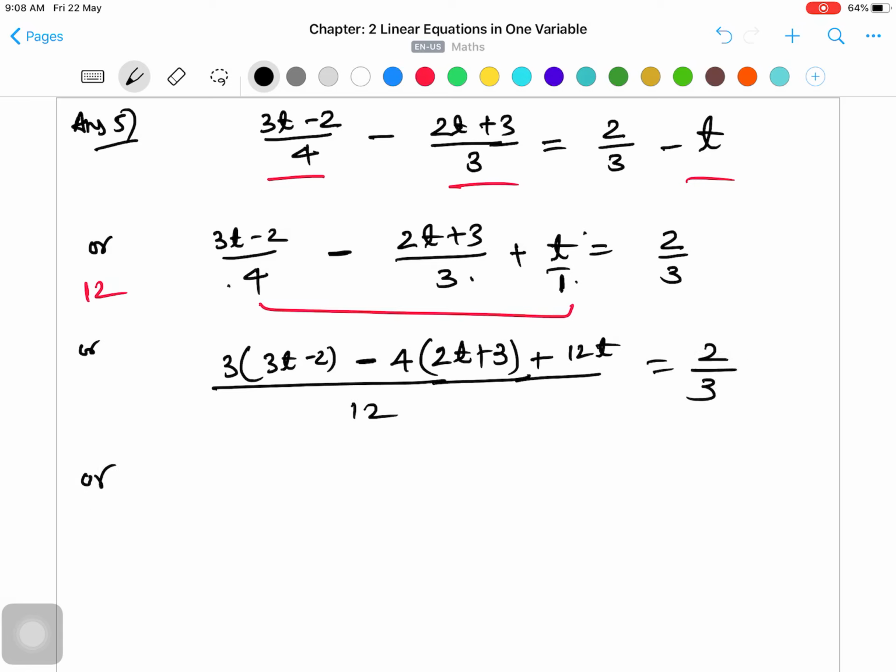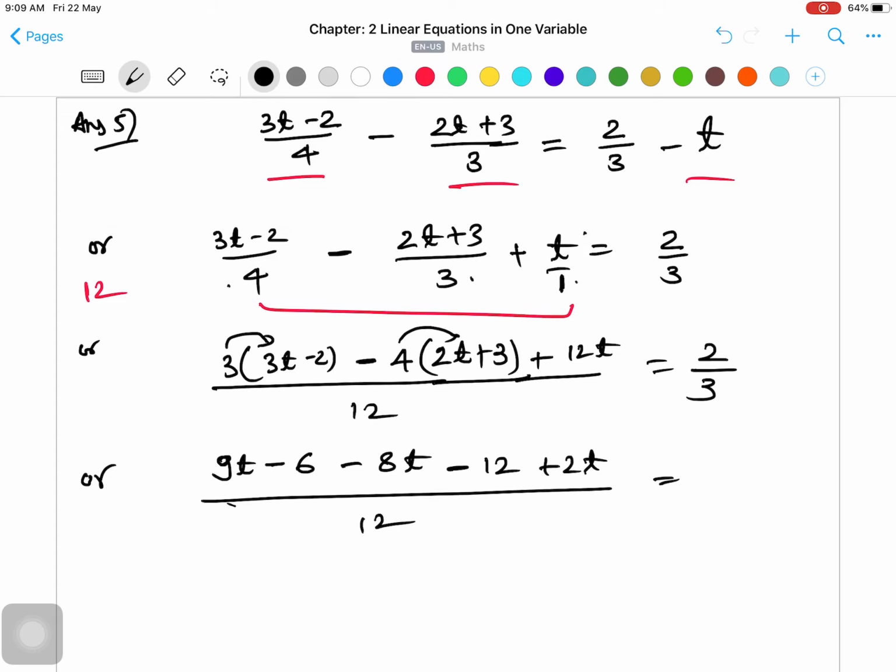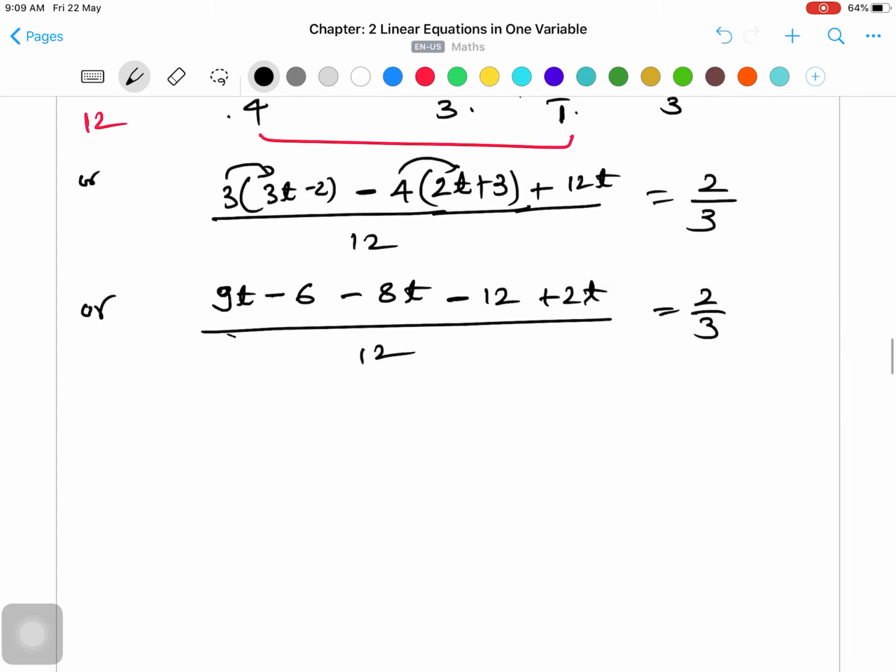Now multiply the terms inside the brackets with both terms. So it will be 3 into 3 is 9, minus 3 into 2 is 6. Then we have minus 4 into plus 2, which will be minus 8t, minus 4 into plus 3, which will be minus 12. Then we have 12t divided by 12 equals 2 by 3.